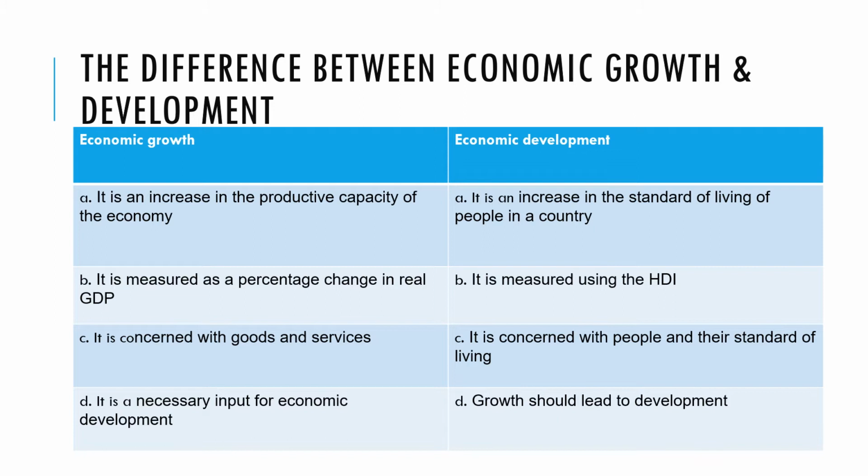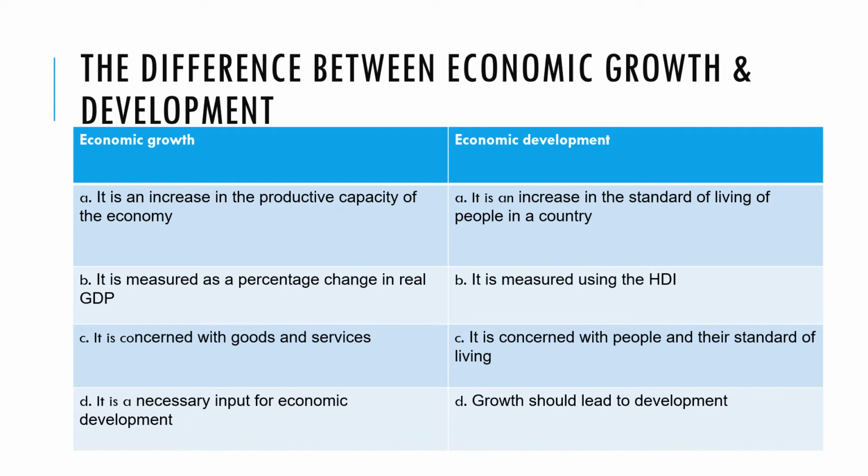We said economic growth relates to an increase in the production capacity. For example, we were producing 50 billion goods and services in 2019. Now, in 2020, we are producing 80 billion goods and services. The increase there is showing economic growth, but then it will result in economic development. How so? That increase will mean that people were required to produce those goods and services, and it will mean that people were employed.